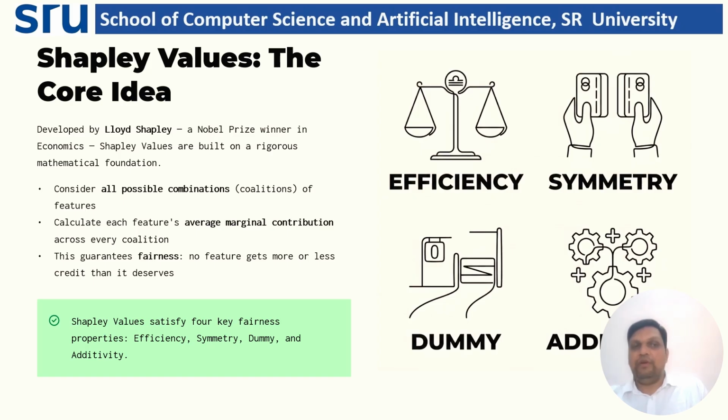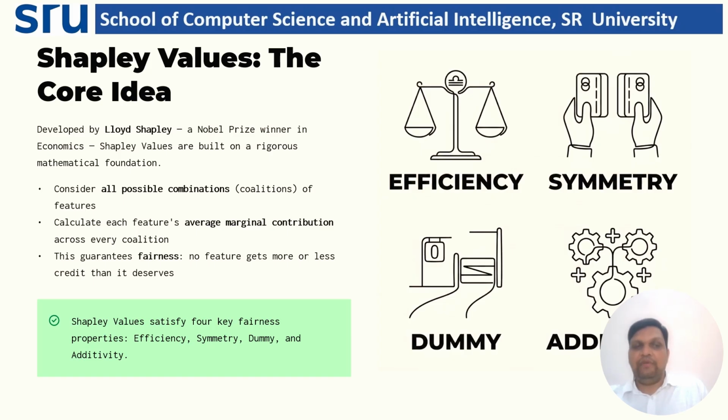Shapley values, the core idea. Developed by Lloyd Shapley, a Nobel Prize winner in economics, Shapley values are built on a rigorous mathematical foundation. Consider all possible combinations, or coalitions, of features.